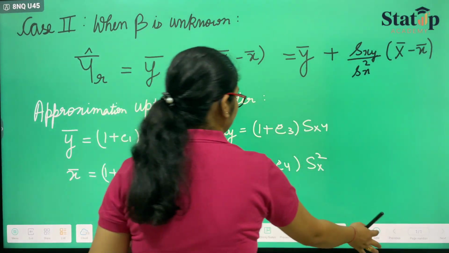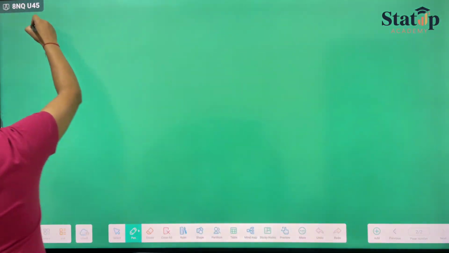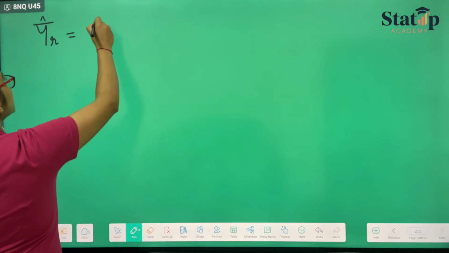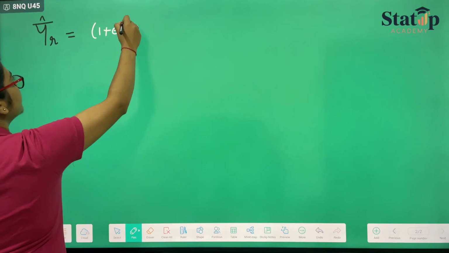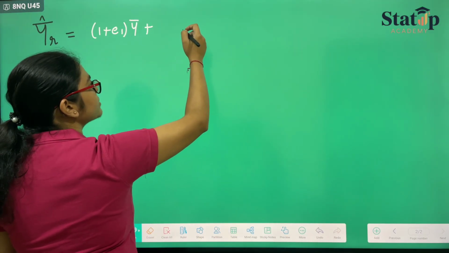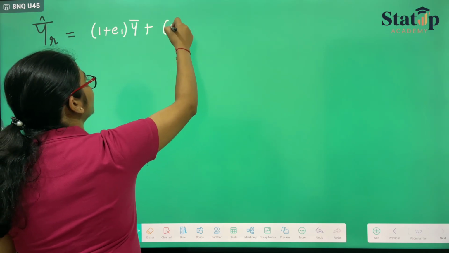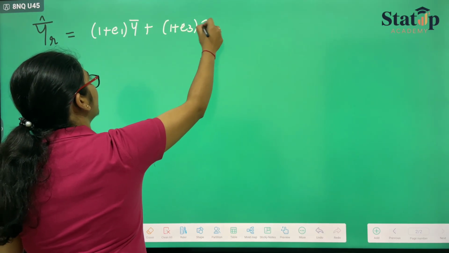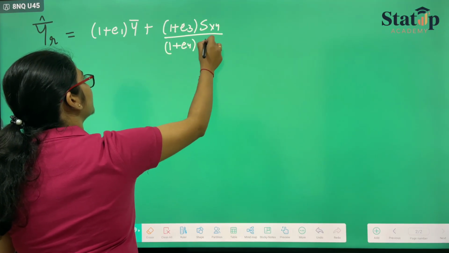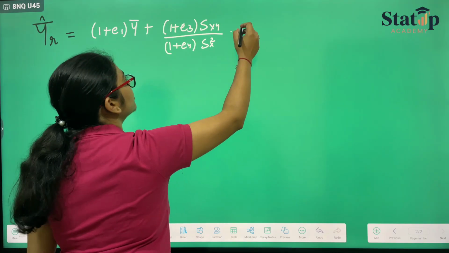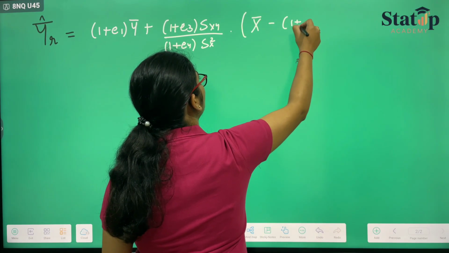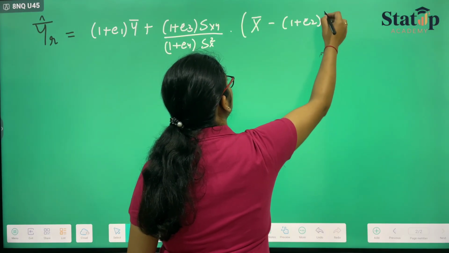So putting the value of these variables in the above equation, we will get the regression estimator as small y bar, which was nothing but 1 plus e1 capital Y bar, plus beta. Beta is sxy upon sx square, so 1 plus e3 sxy upon 1 plus e4 sx square into capital X bar minus small x, which will be 1 plus e2 capital X bar.